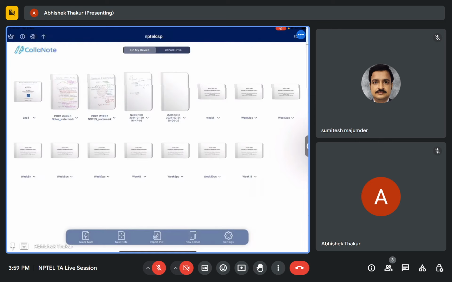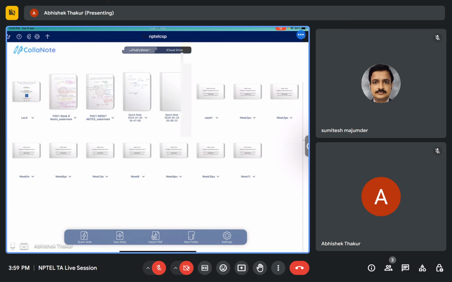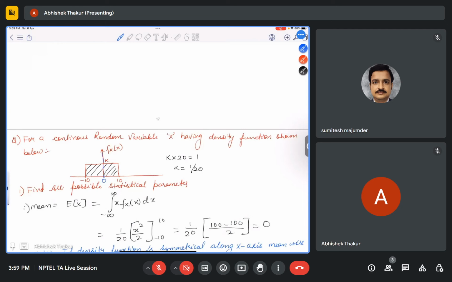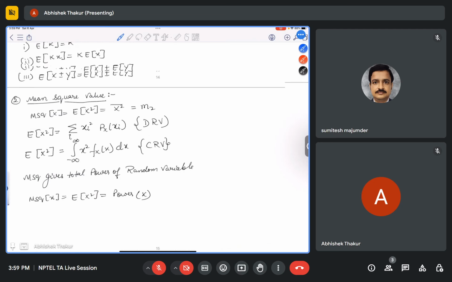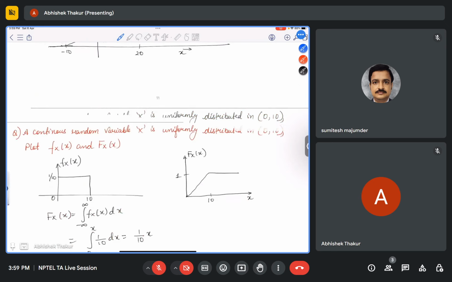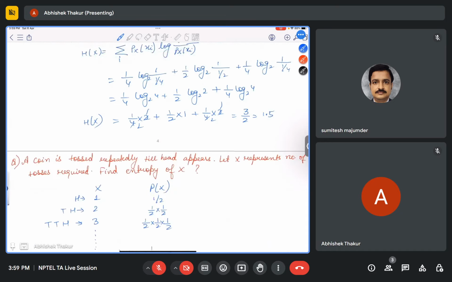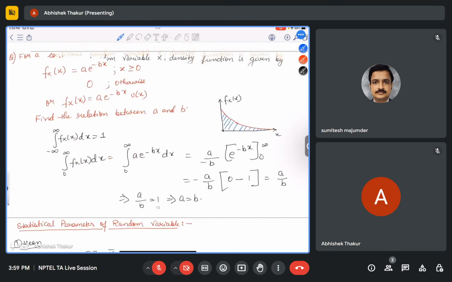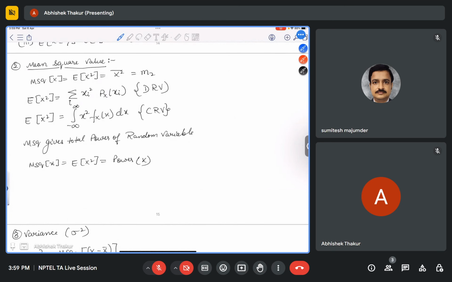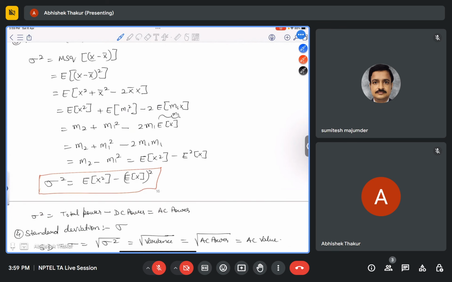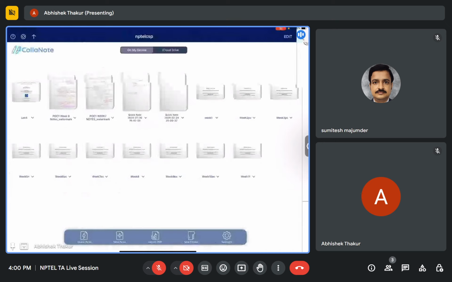And as we have studied in the last lecture, variance is equal to E of x², that is the mean square value, minus the square of the mean.